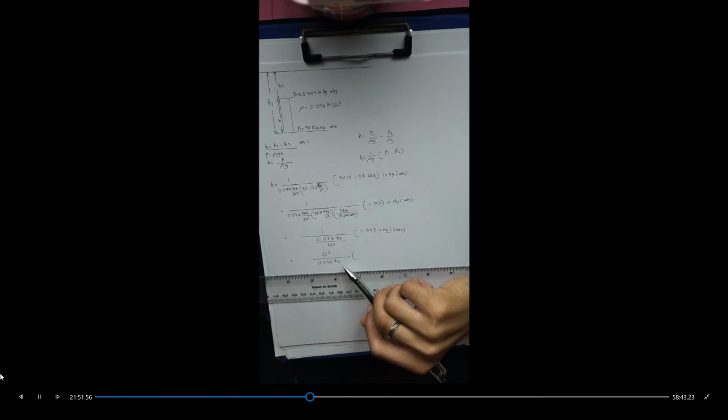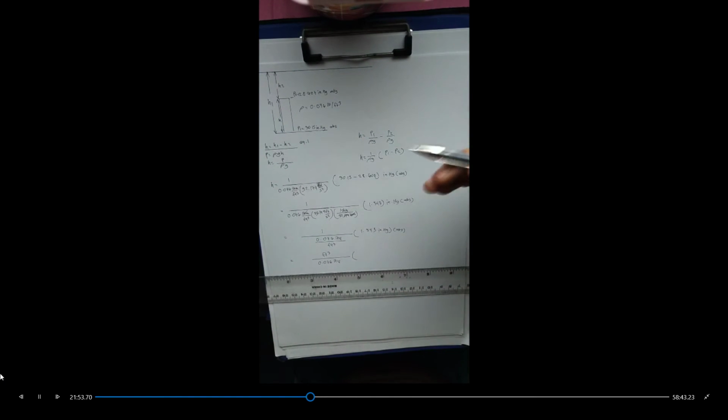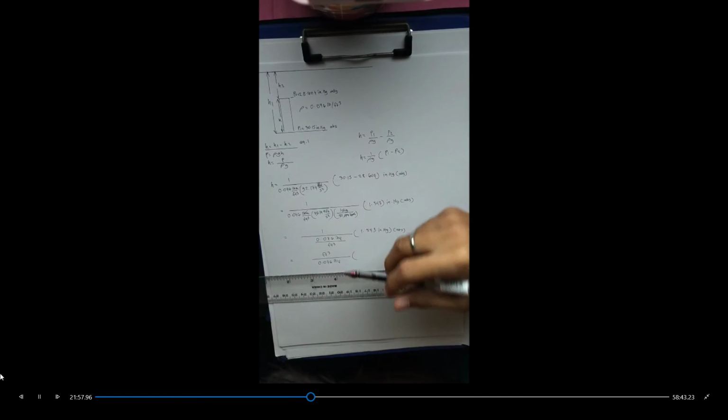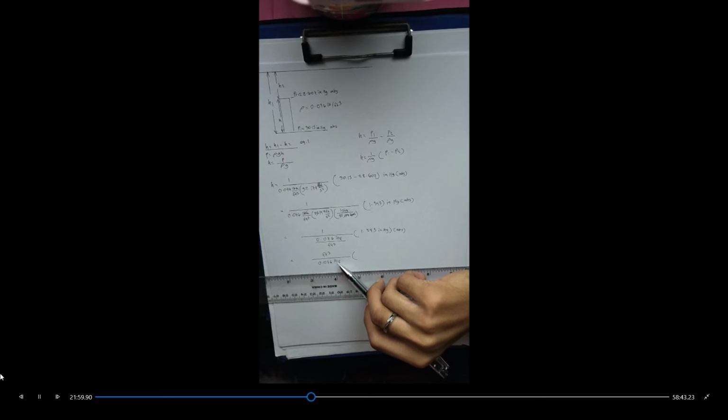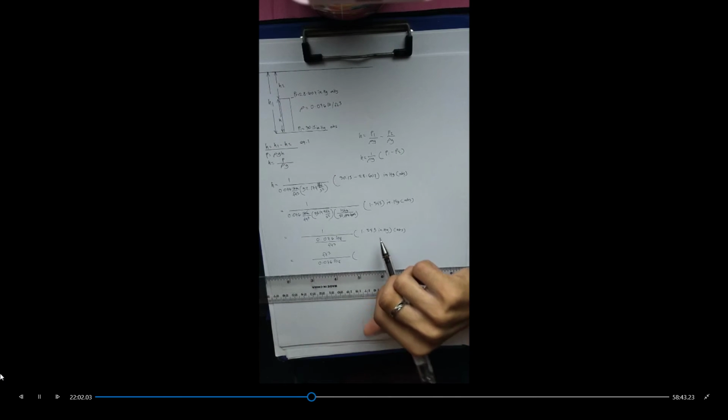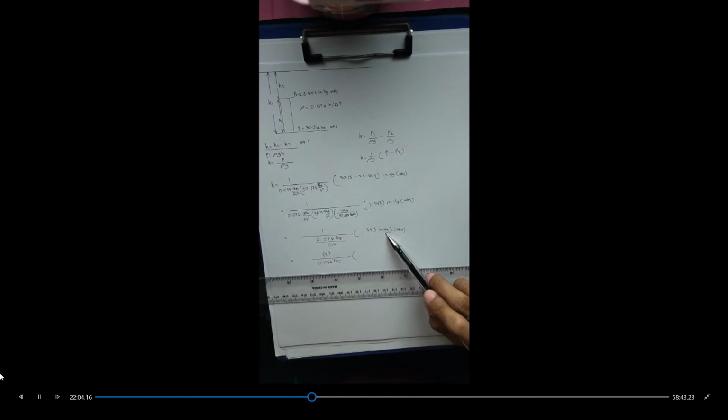And in order for us to cancel out pound force, because we only want a unit of height, it will either be in inches or in feet, we need to convert our inches of mercury into PSI, because PSI stands for pound force per inch squared.